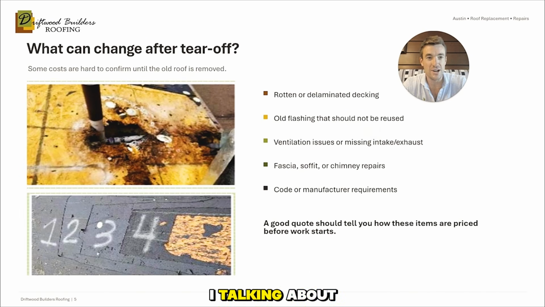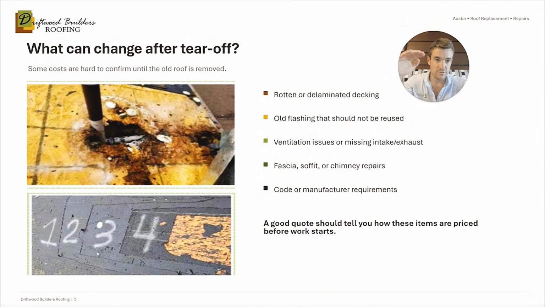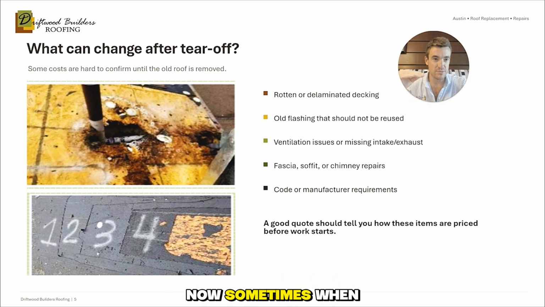So what am I talking about when I talk about extra charges in a roof system? Well, at a high level, each roof system has 3 layers. First is asphalt shingles. And then underneath that, there should be 1 layer of felt paper and only 1 layer of felt paper. And then underneath that, there's a wood decking. Now, sometimes when you replace a roof, there are additional layers of felt paper. Sometimes when a roof gets replaced, the old contractor will rip off the old shingles, see the existing layer of felt paper, and not remove it.